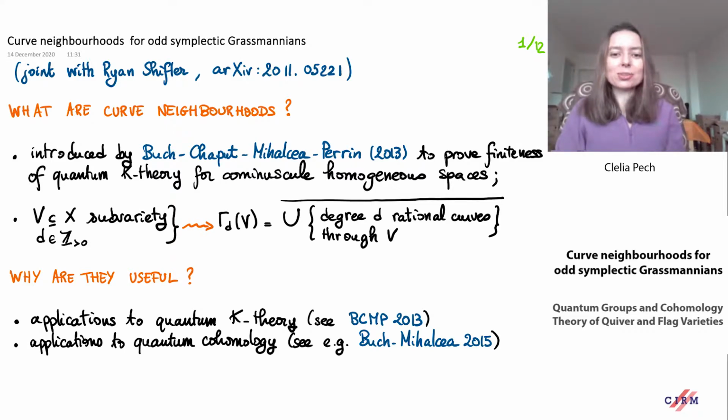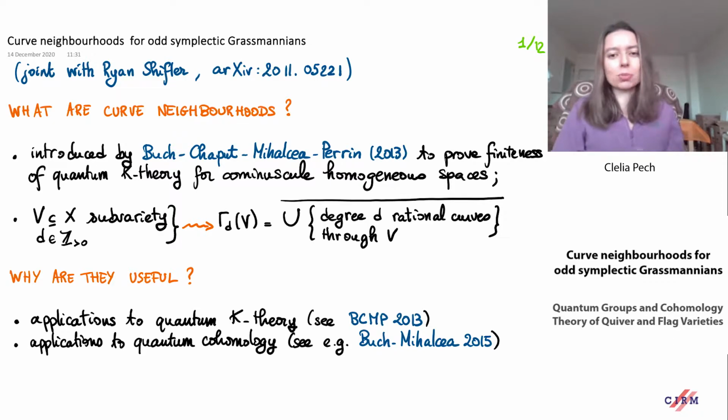They were introduced by Buch, Chaput, Mihalcea and Perrin in 2013 with the aim of studying quantum K-theory for cominuscule homogeneous spaces, and more specifically to prove finiteness. There are several ways to define it.